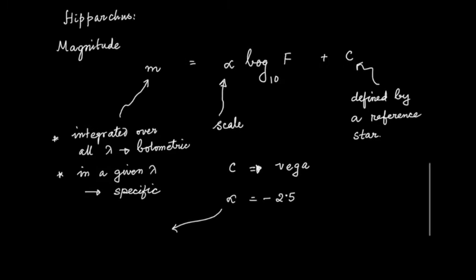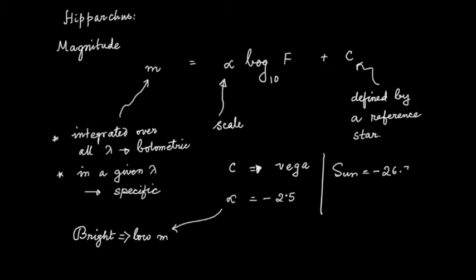So this means bright implies low m. For example, if we talk about sun, it has a magnitude of minus 26.74. If I talk about Sirius, which is the brightest star in the sky, it has a magnitude of minus 1.46.